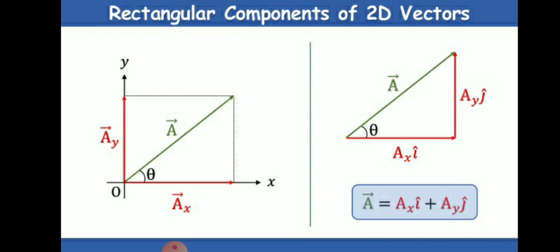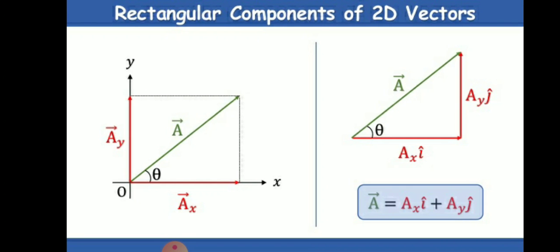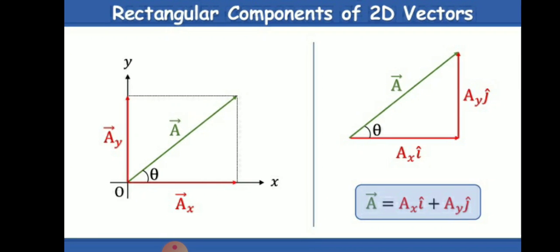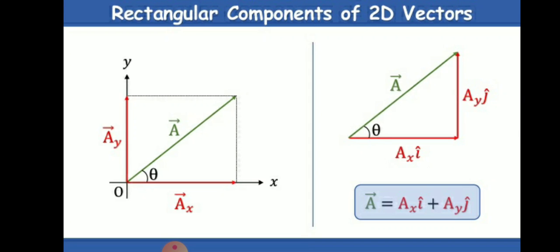The component along the y-axis is vector Ay. Now observe the second diagram. Along the x-axis the unit vector is i cap, and along the y-axis the unit vector is j cap. Ay j cap is equal to vector Ay, and Ax i cap is equal to vector Ax.